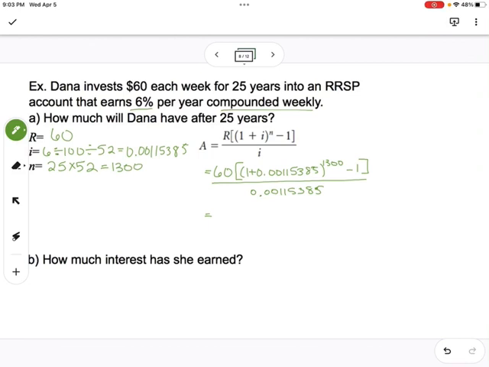So the first thing is 1 plus that long decimal there. And that's going to be to the exponent 1,300. And we subtract 1, times that by 60, and divide it by the decimal 0.00115385.